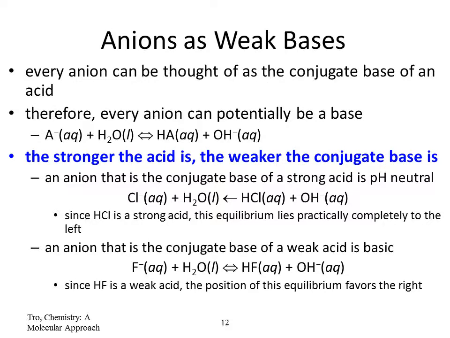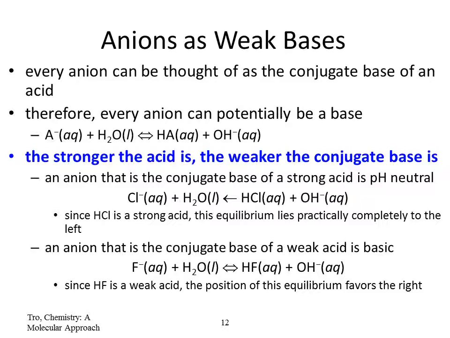Okay, now the same argument we are going to talk about here. The stronger the acid is, the weaker the conjugate base is. The same thing I explained, we are going to explain a little bit more here. The chloride is formed from hydrochloric acid. How is it formed? Hydrochloric acid reacts with water, and forms hydronium and chloride.